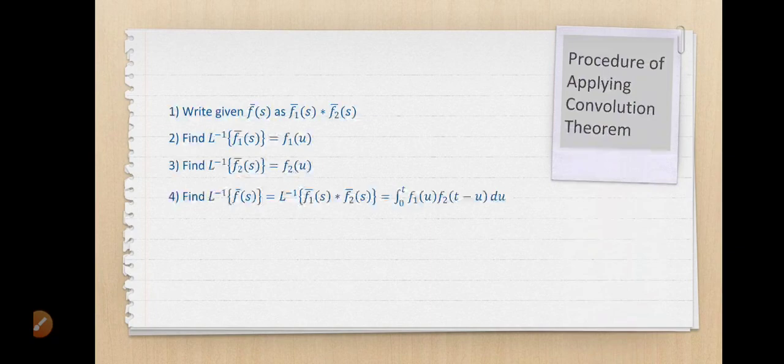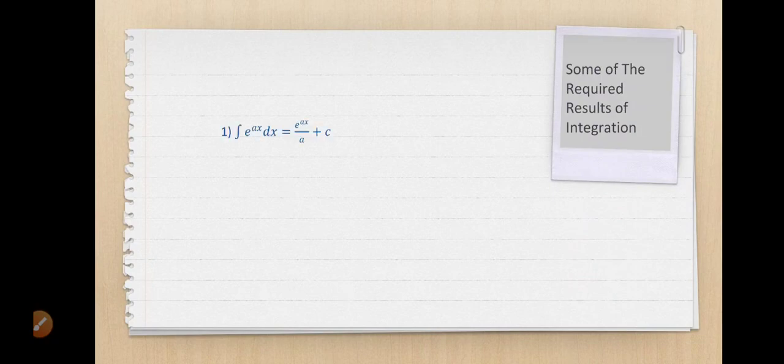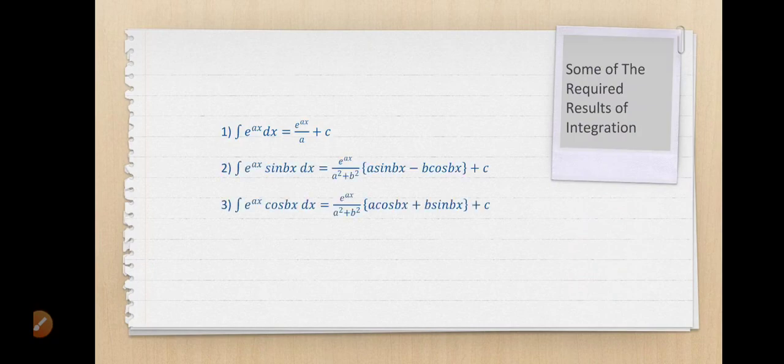As the application of convolution theorem to find inverse Laplace transform involves integration, we need some integration results. The most frequently used integration results are mentioned here. The first one is integration of e raised to ax dx.